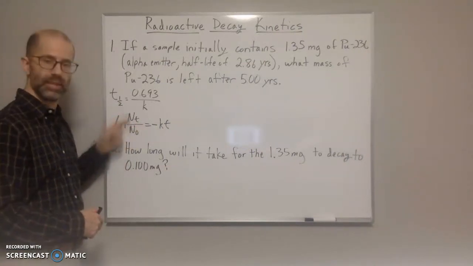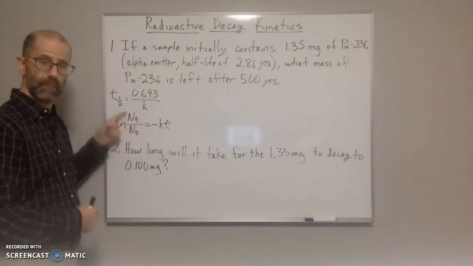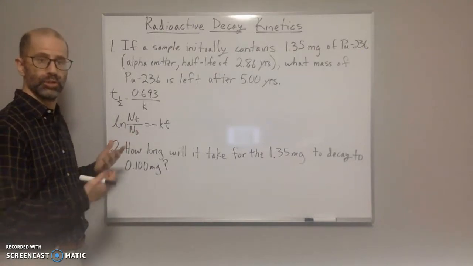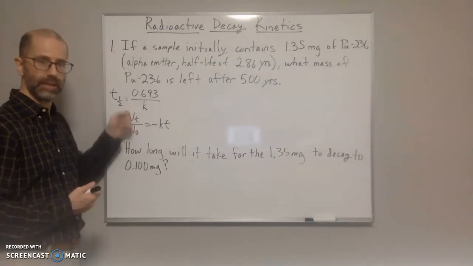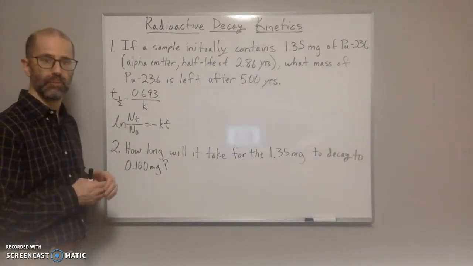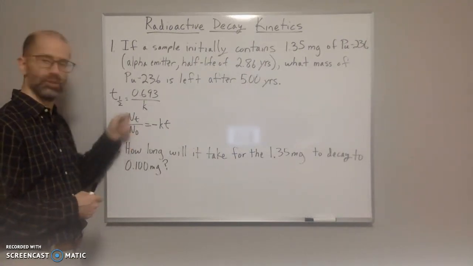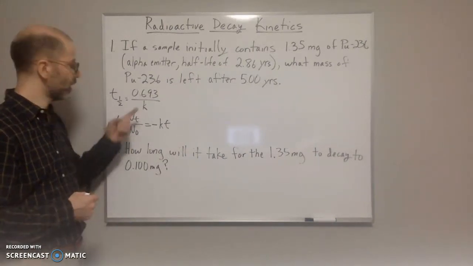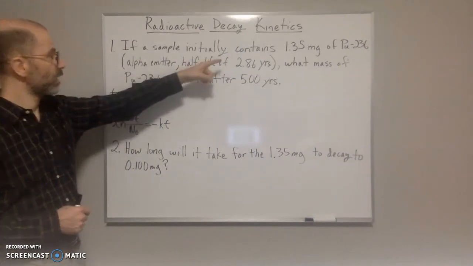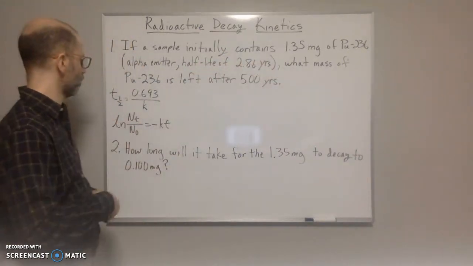Since we're dealing with the same nuclide on both top and bottom, if you use your molar mass to convert both of these to grams, the molar mass is going to cancel out anyway, so it's the same ratio. So you can substitute numbers of nuclides with the mass that you're given. Here we're given milligrams.